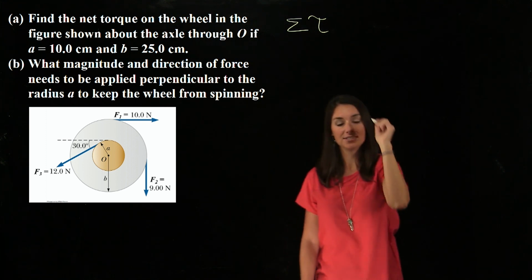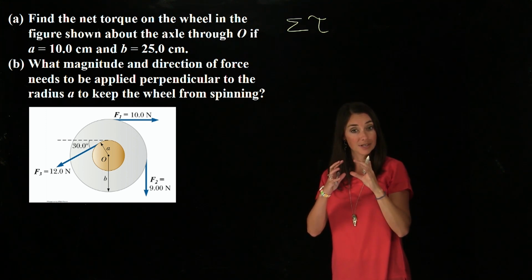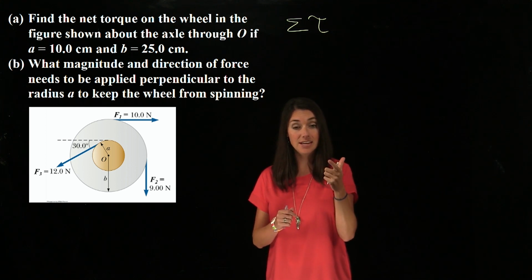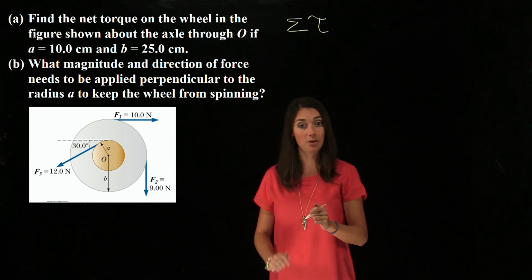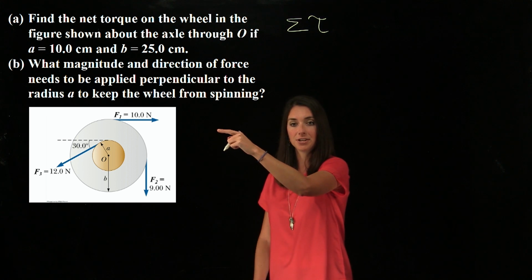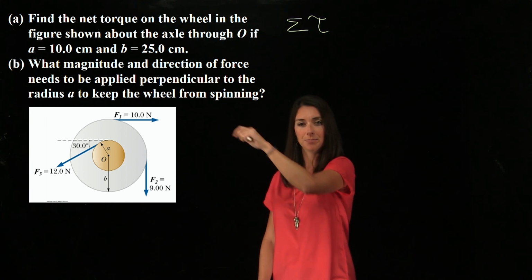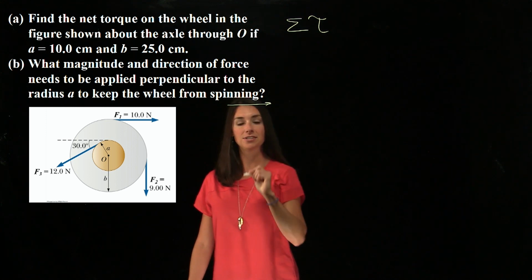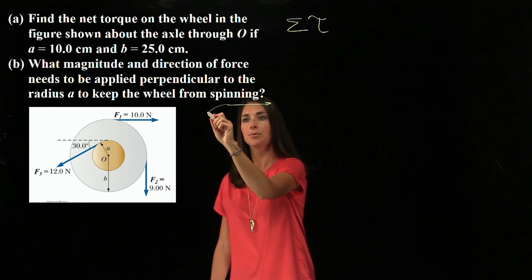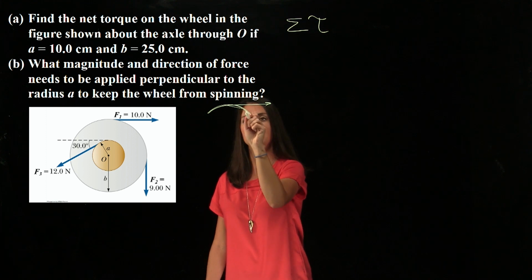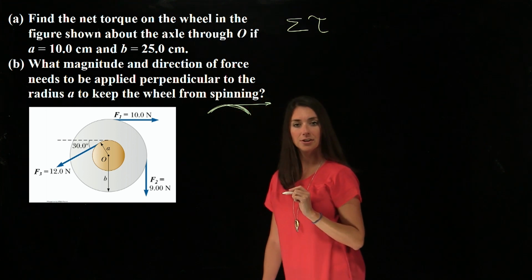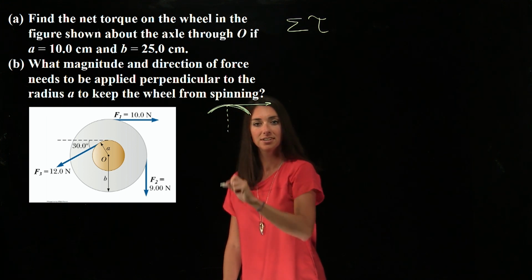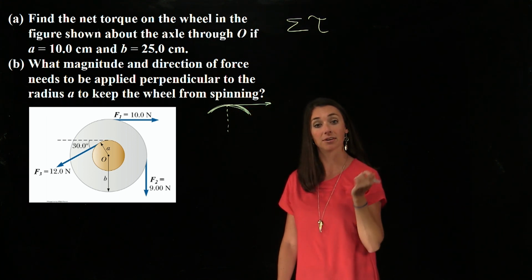Remember, to get one individual torque, you need the force, the radius, and then the sine of theta, the angle between them. So if we look at the picture here, I'm just going to talk specifically about force 1. It's going straight to the right, and our wheel at that moment, if we look at the turning portion, it's applied right at the tangent line to the outside of the wheel.